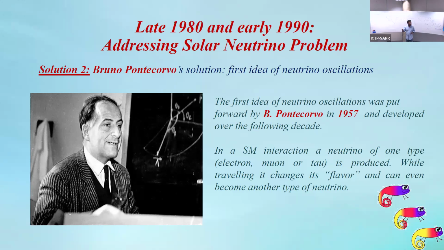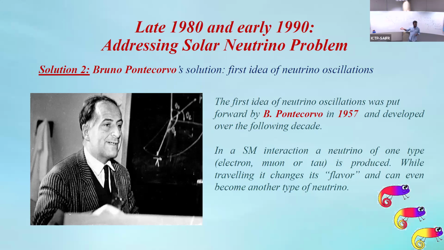And then a conference happens, and in an informal chat, Pontecorvo was informed that there was some kind of fluctuation happening while looking for neutrino and anti-neutrino events. Ray was doing some experiment with chlorine, and he finds some weird events, but that is not consistent with the other things, and it was never published.